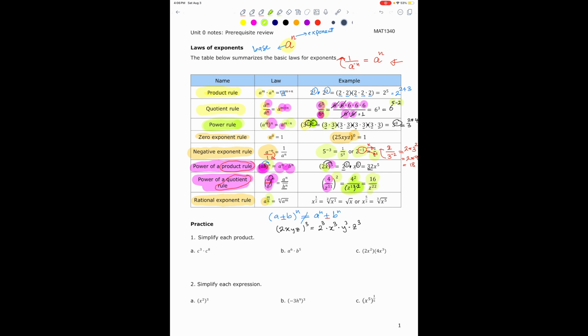So the index of the radical is going to be the denominator of the fraction, and the numerator is going to be the power of the base. So here is an example. If you have a raised to the m over n, it's going to be the nth root of a to the m power.